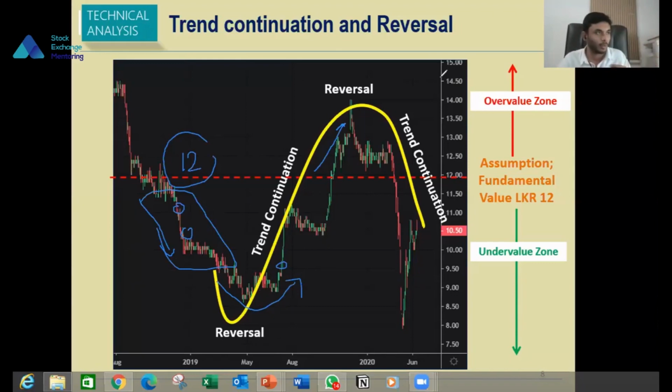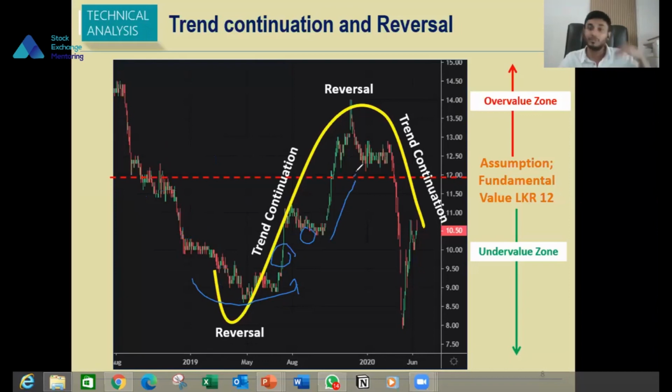Instead, you identify these clear reversal points, and then you time the market to enter at these levels. And then even after it goes above the fundamental value, because of irrational market movements, you take that extra mile and have maybe super profits above that fundamental value and make money.